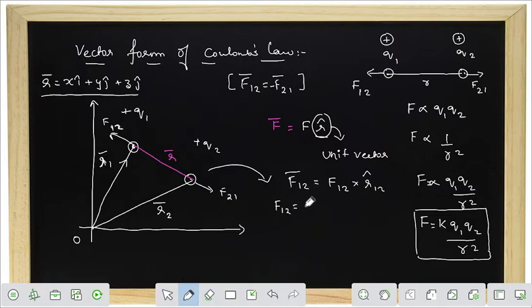F12 can simply be written as K Q1 Q2 divided by R12 whole square, into R12 bar. If you are writing in vector form, R12 bar also we have to find. But how do we find this R12 cap?